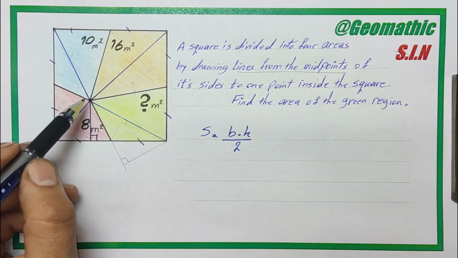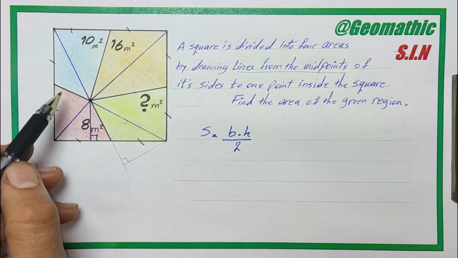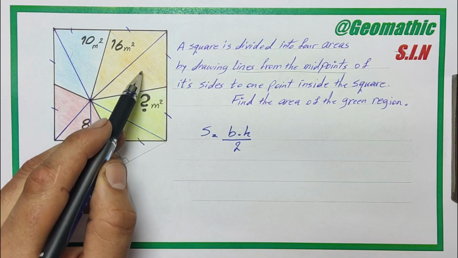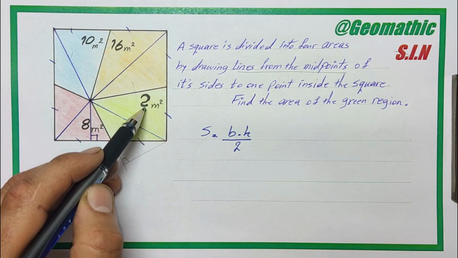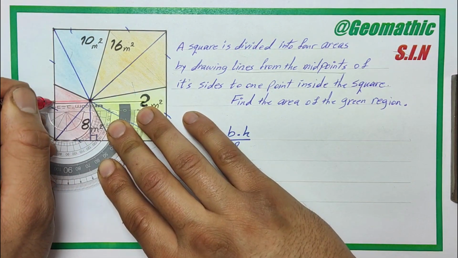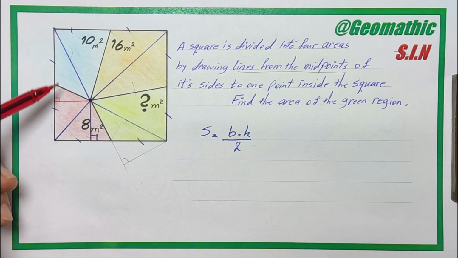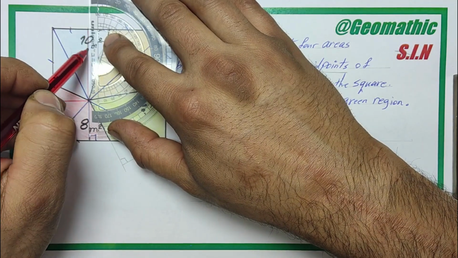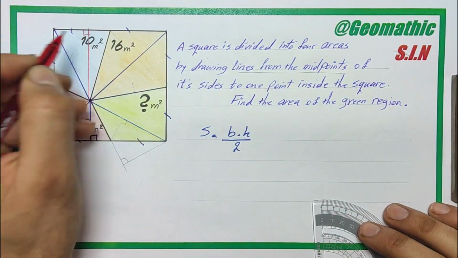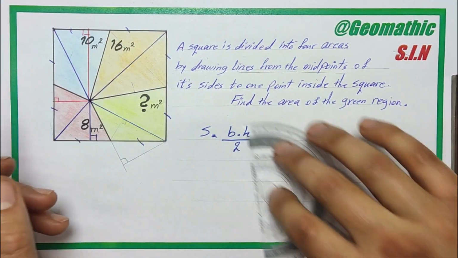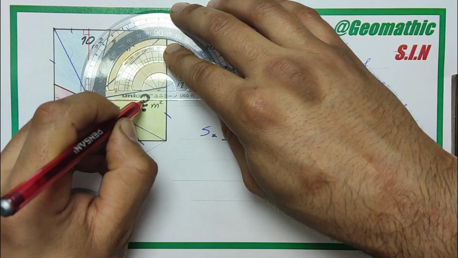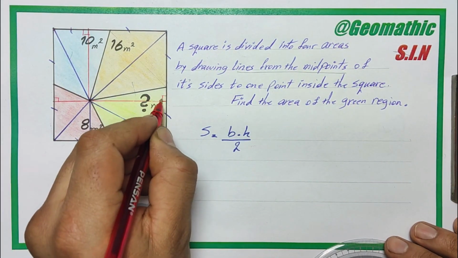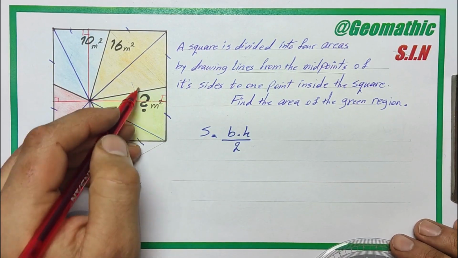Now as you can see, the same thing applies to these two triangles and these two triangles. This height is common for these two triangles. This one for these two triangles, and of course this one for these two triangles.